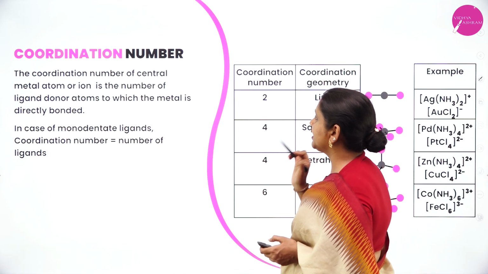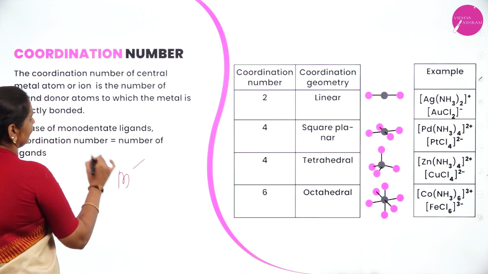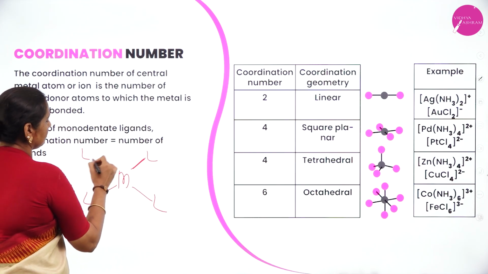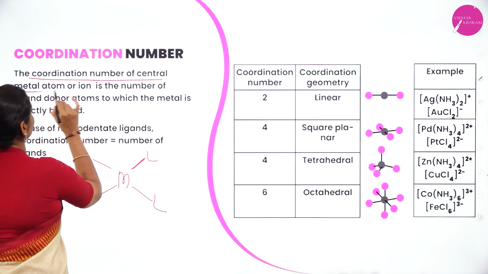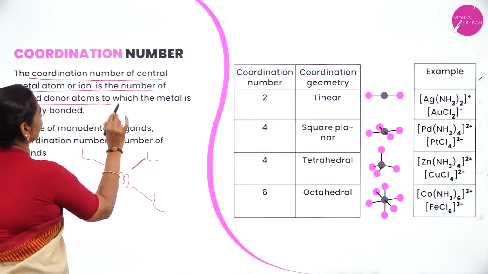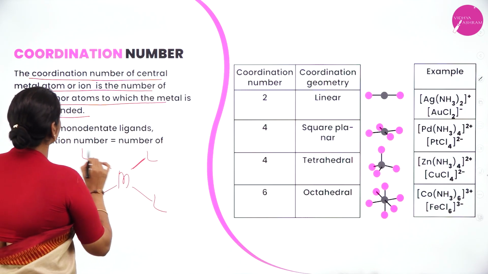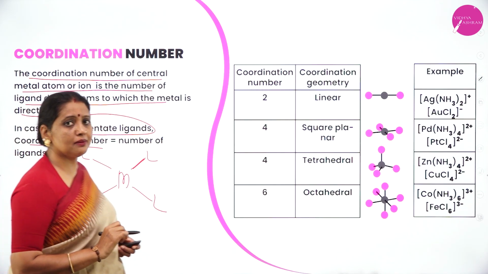Next, coordination number. When a metal is surrounded by ligands, the total number of coordinate bonds formed between metal and ligands is the coordination number. The coordination number of the central metal atom or ion is the number of ligand donor atoms to which the metal is directly attached, or in case of monodentate ligands, it is equal to the number of ligands.